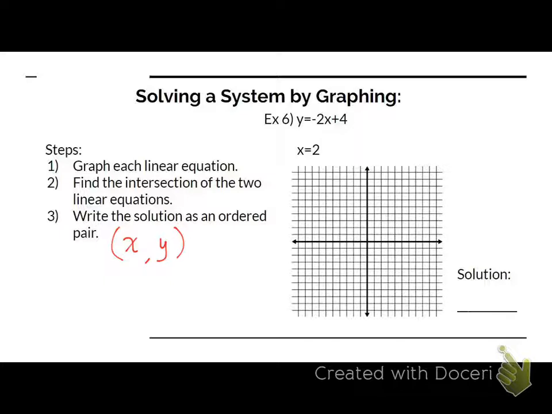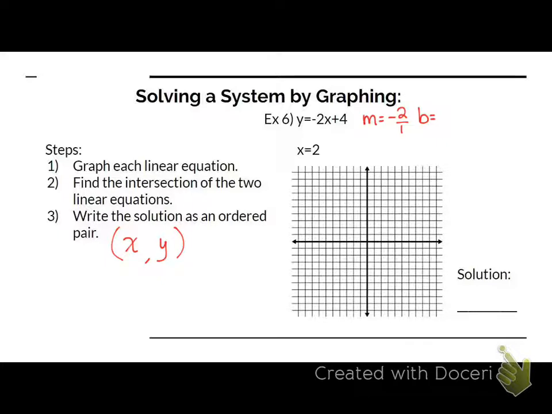On example 6, let's start with the top equation. This is in slope-intercept form, which means I can identify my M and my B, just like I did in the warm-ups. What's my M? Careful. -2/1.